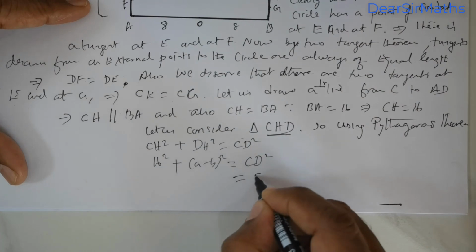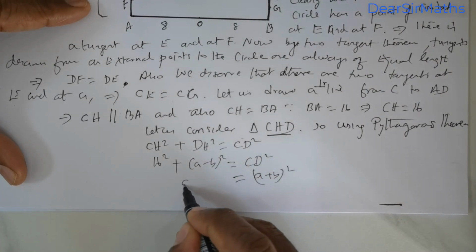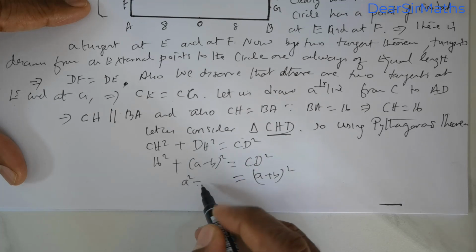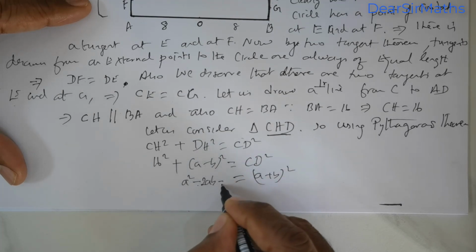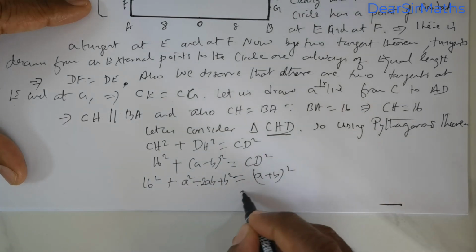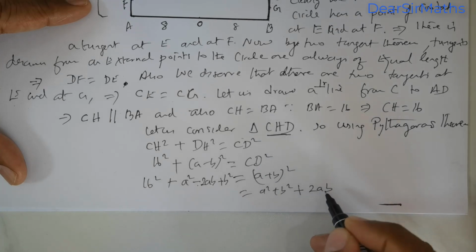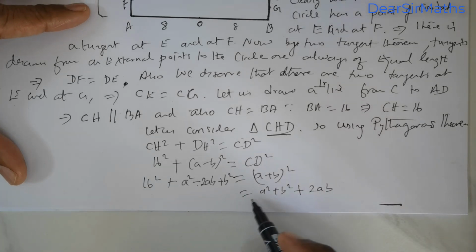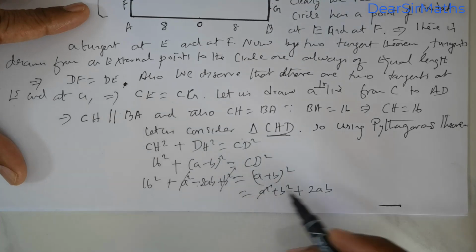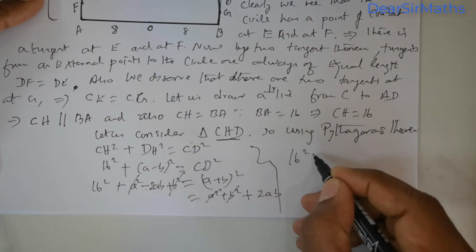So CD is going to be A plus B the whole squared. So 16 squared plus A minus B whole squared equals A plus B whole squared. You expand this: A squared, negative 2AB, positive B squared, and on the other side A squared, positive B squared, positive 2AB. Now this can be cancelled, this can be cancelled. So you got 16 squared.